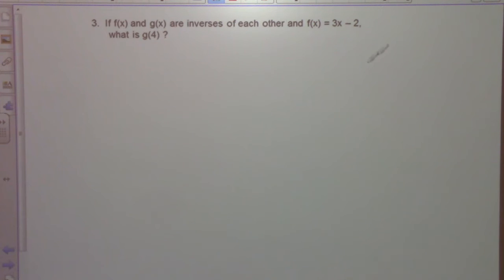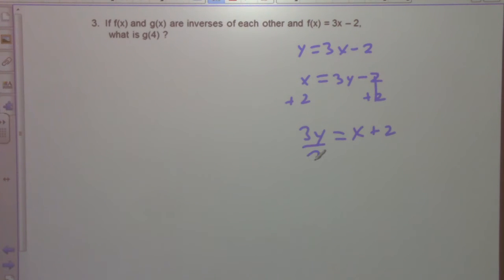So now we have f of x and g of x as inverses of each other. To find this, we go through the process: replace f of x with y, switch x and y, and solve for y.